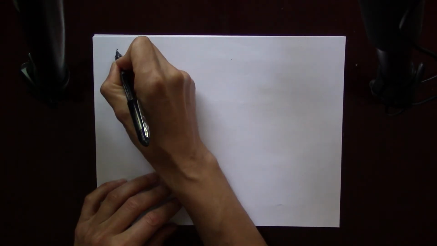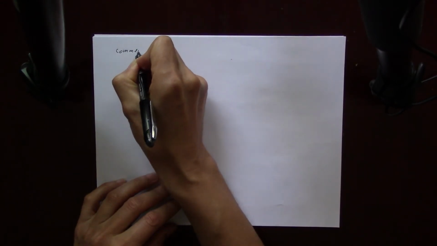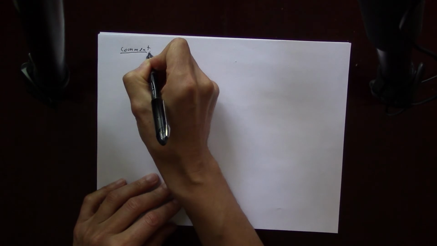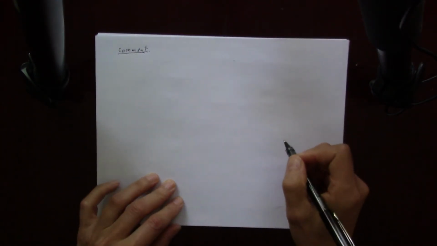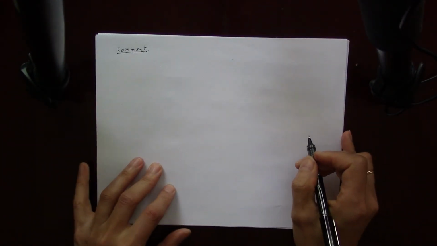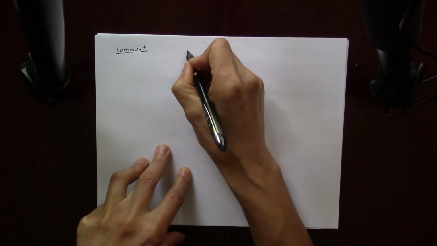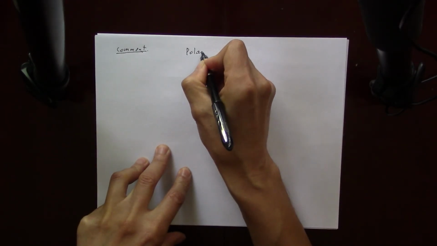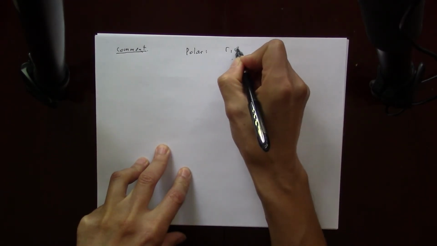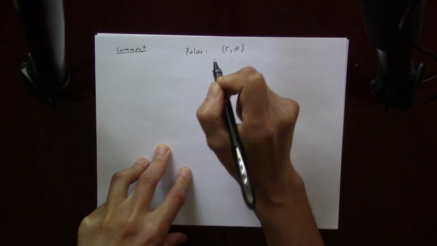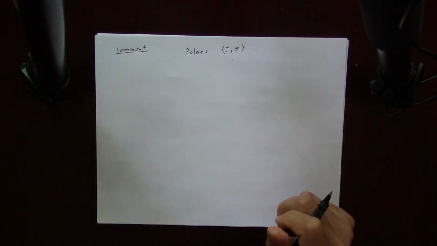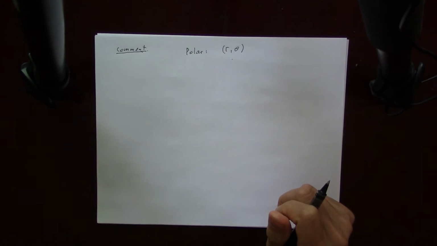Comment on polar coordinates. If we have a point given to us in polar coordinates as r and theta, x and y are given as r cosine theta, r sine theta, and cosine and sine have a period of 2 pi.